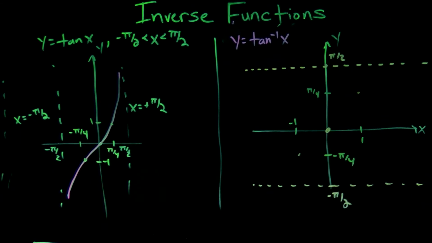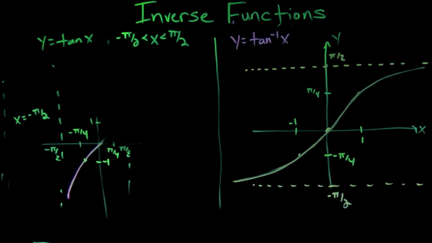If we take all that information and collate it, we end up with a graph that looks like this. So that is the graph of the inverse tangent.